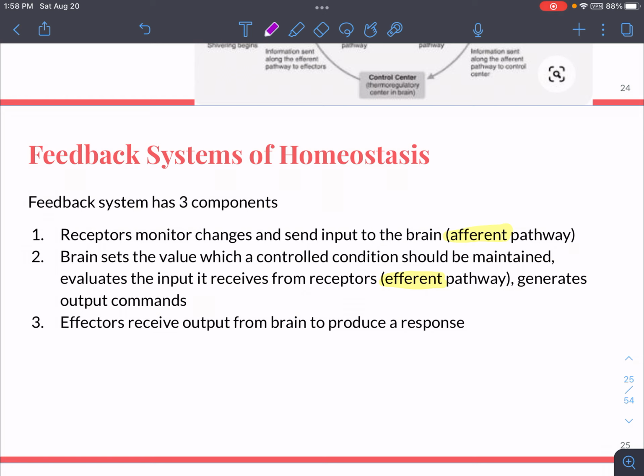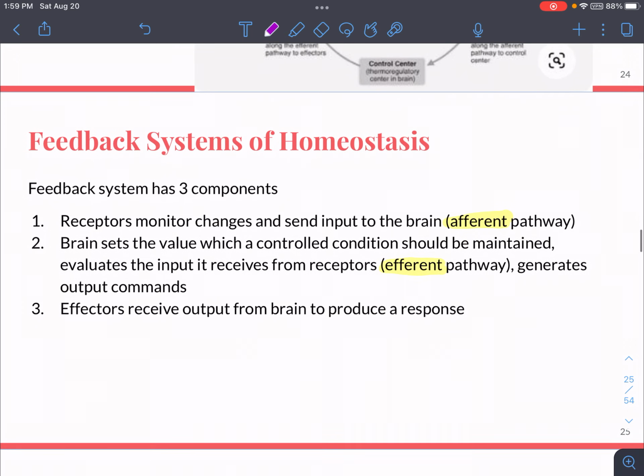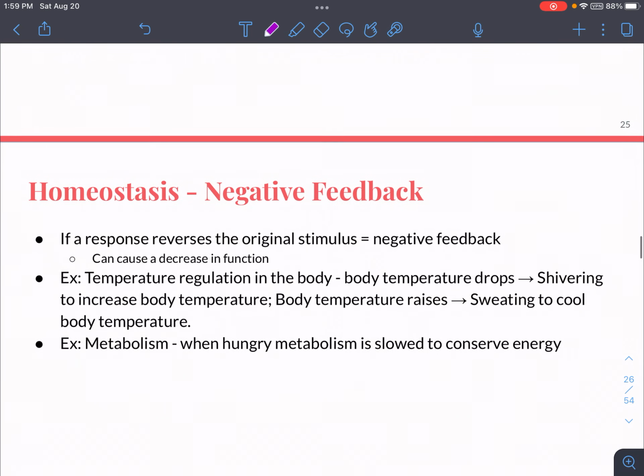It generates a command for what the body should do, and it sends it to the rest of the body. Those effectors receive output from the brain and respond to the change. So you're cold. It tells you to shiver, or it gives you goosebumps. Those are all part of the feedback system of homeostasis.